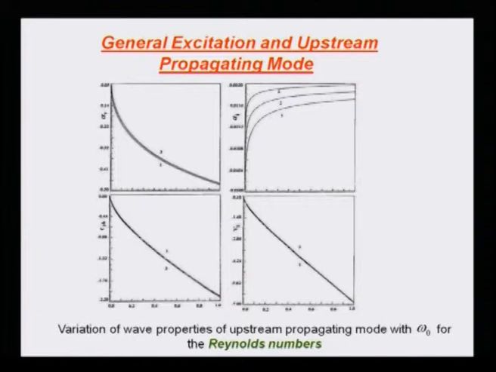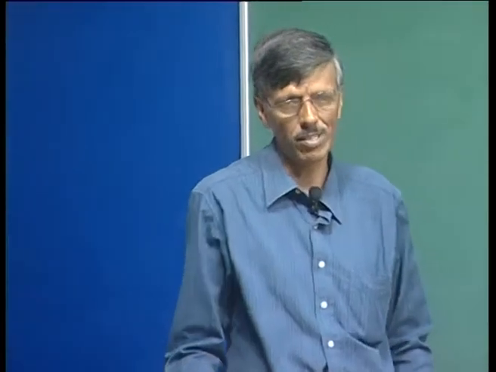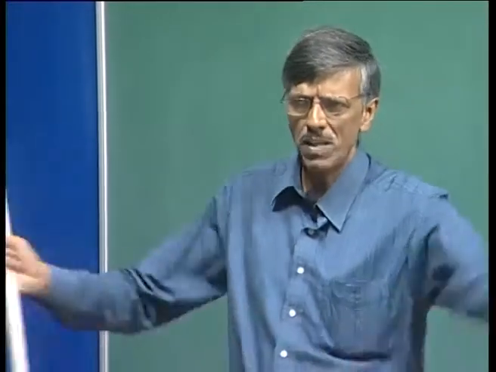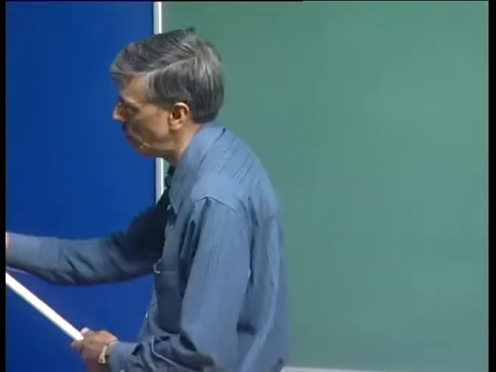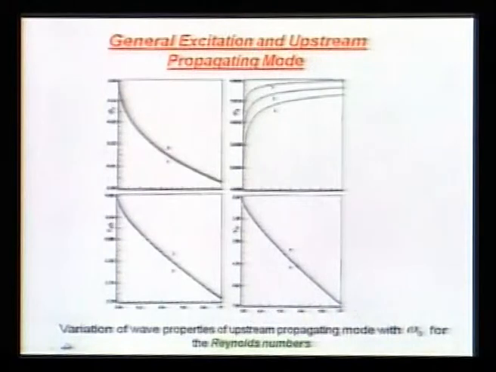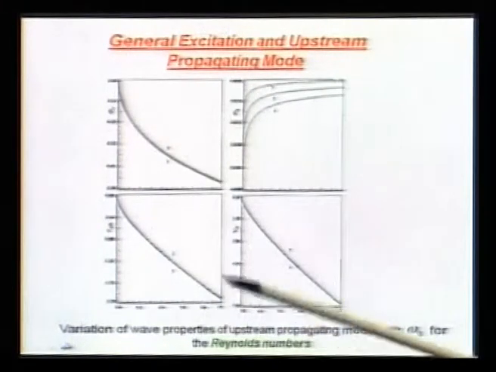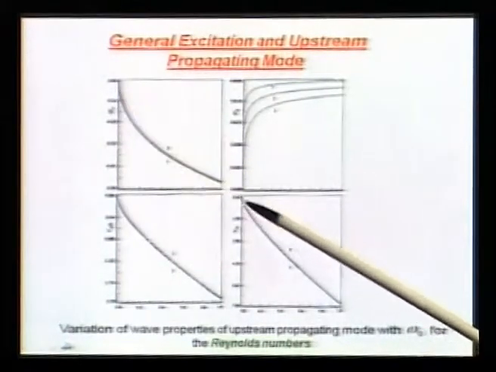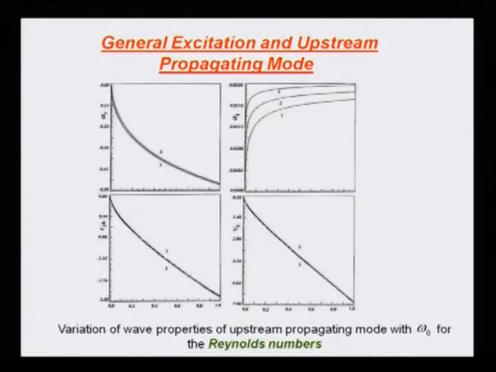What you notice is that when you look at alpha r, they are kind of banded together. That is a very interesting observation: irrespective of the spread of Reynolds number, you would always have upstream propagating modes, and the wave number is kind of banded together. This x axis is omega naught, and as omega naught increases, the value of alpha I is decreasing.